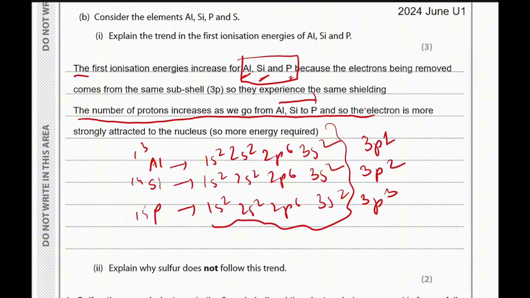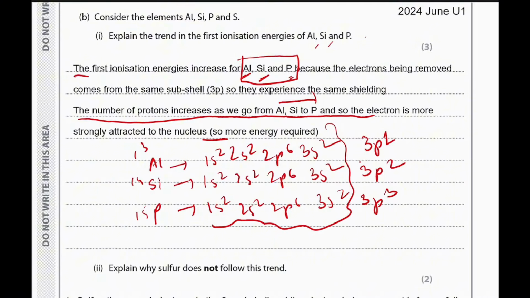So as a result, if the nuclear charge increases, the outermost electrons are going to be more strongly attracted towards the nucleus. So hence, more energy will be required. This is the main reason why the first ionization energy of aluminium, silicon, and phosphorus increases, due to the increasing nuclear charge.